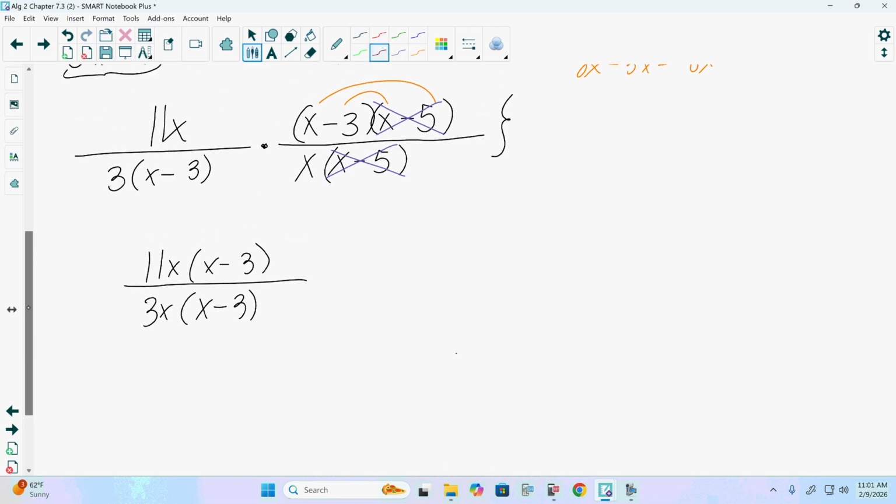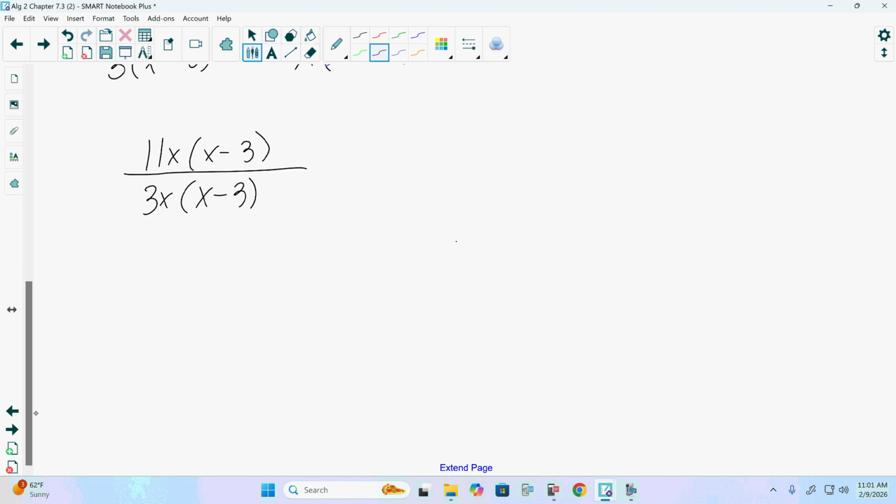All right, guys. Focus it back in. So, any questions on how we got to this last step? 11x times x minus 3 over 3x times x minus 3. So, last thing we need to do is simplify the last few parts. X minus 3 over x minus 3 would reduce. Interestingly enough, because we have one x on top and bottom, it will reduce also.